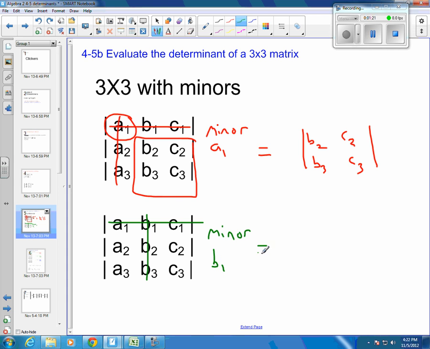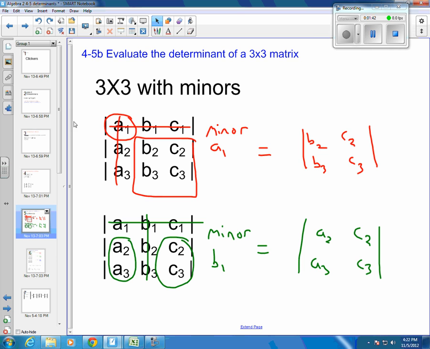The minor of B1 is going to be equal to what's left. So I've got A2 and A3, C2 and C3. So that's the minor of that one.